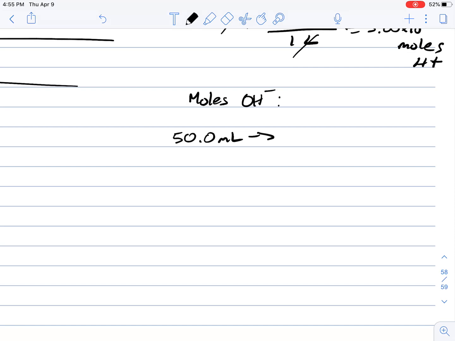That's going to be converted into 0.0500 liters. Then we're going to multiply this 0.0500 liters of hydroxide by the concentration, which in this case is 0.200 moles per liter.